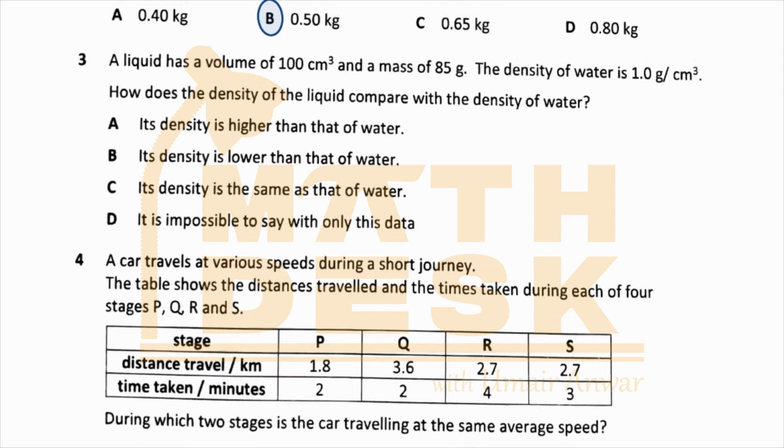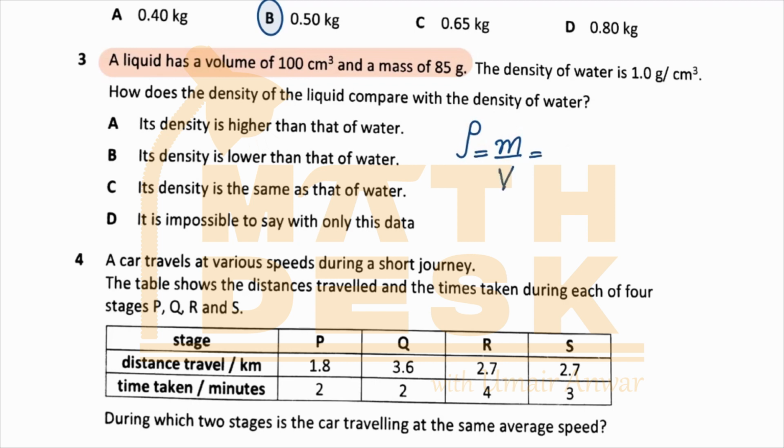So first we would be using these two pieces of information and we would try to find out the density of the liquid. Density is found using the formula density is equal to mass divided by volume. We have 85 divided by 100 centimeter cube.